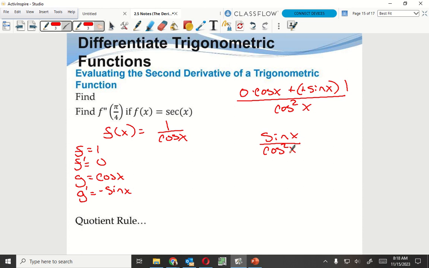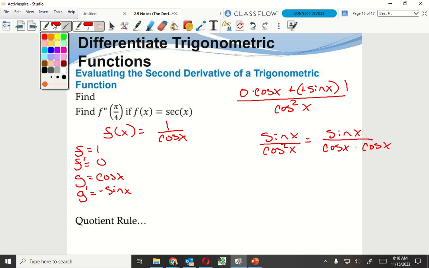But cosine squared means I have a cosine times a cosine, right? So I'm going to rearrange this a little just to try and make it fit what my identity on the previous page came up with. So it's sine x over cosine x times cosine x. Sine over cosine is?